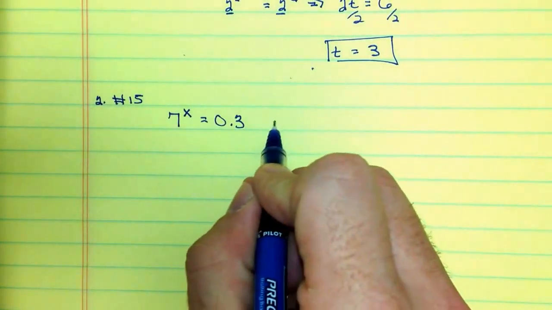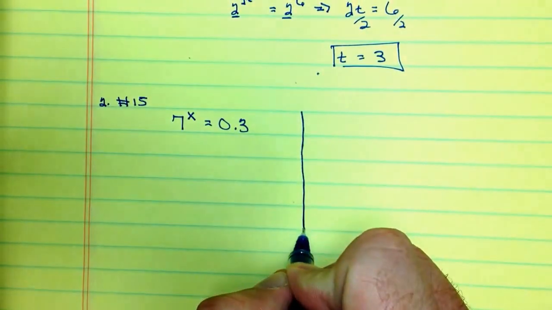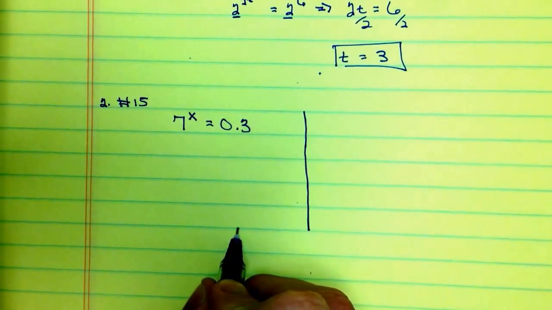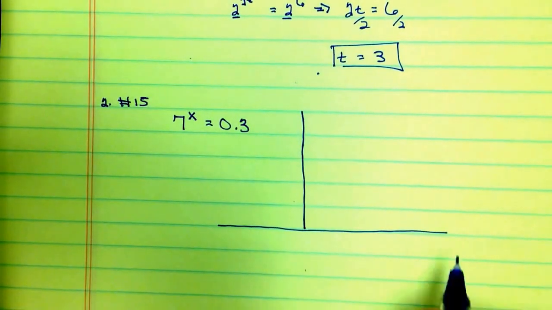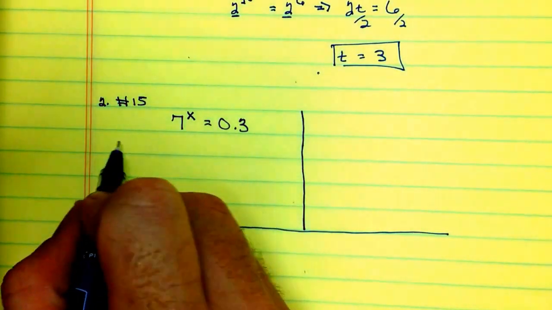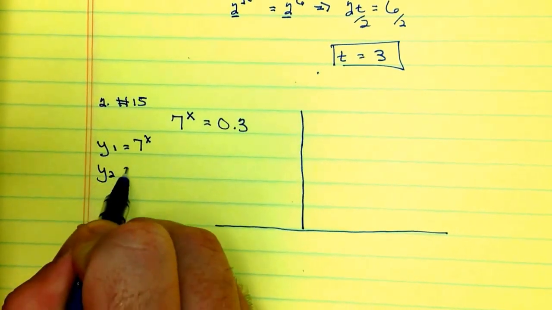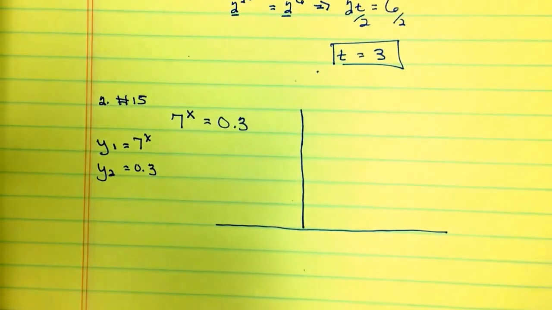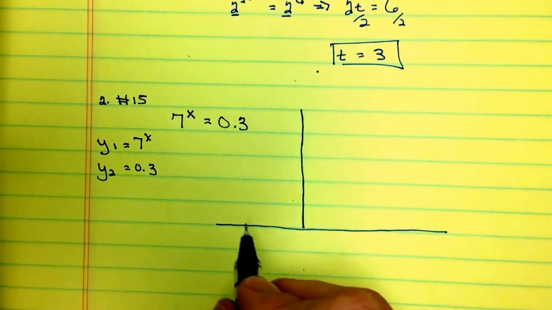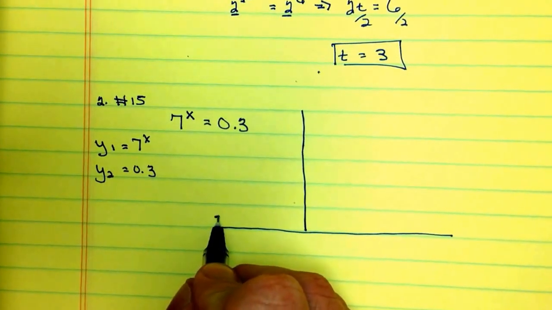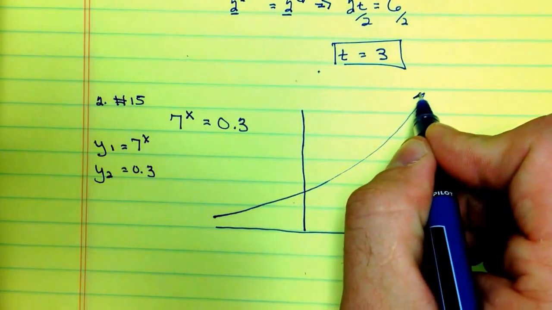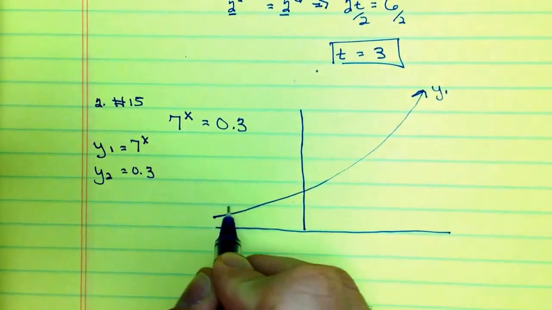If we do this graphically, what does 7 to the x look like? The idea here is we let y1 equal 7 to the x, and then we let y2 equal 0.3. This is something we've talked about in class, the intersection of graphs method. So 7 to the x is an increasing exponential function, so it would look something like that. That'll be y1.